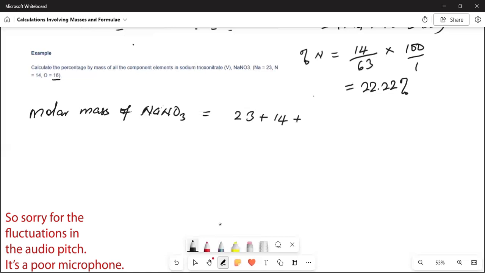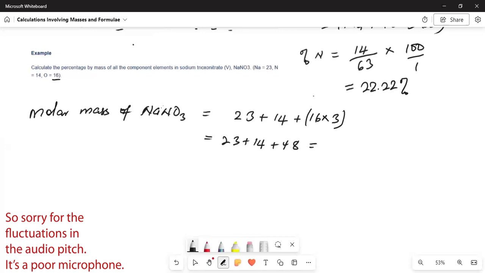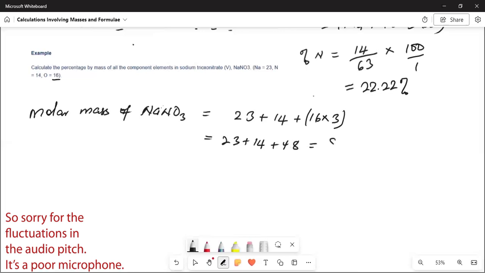That means we are going to multiply that 16 by 3, since there are 3 atoms. That will be 23 plus 14, and 16 times 3 is 48. Adding all of this together, 23 plus 14 is 37. 37 plus 48, 85 gram.